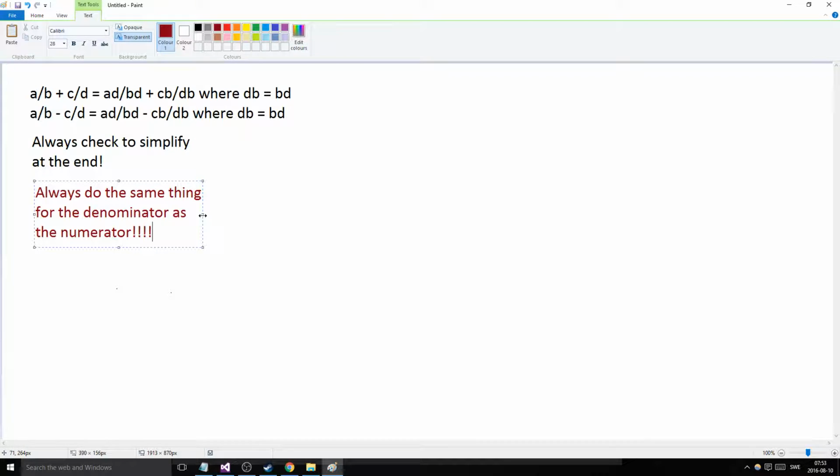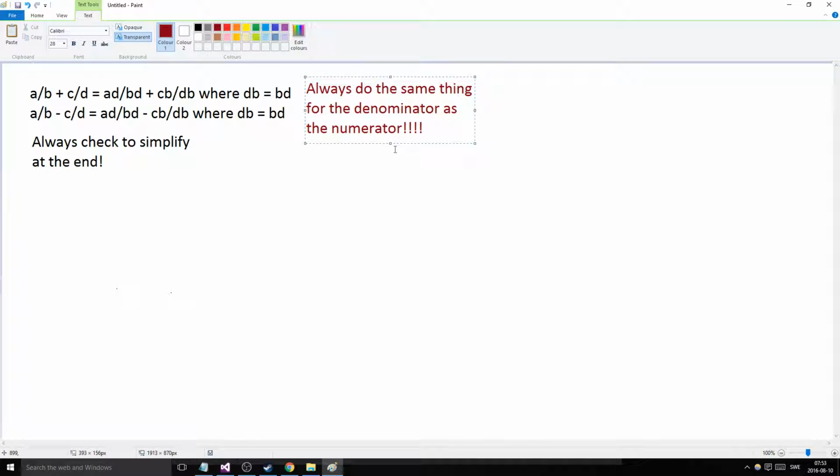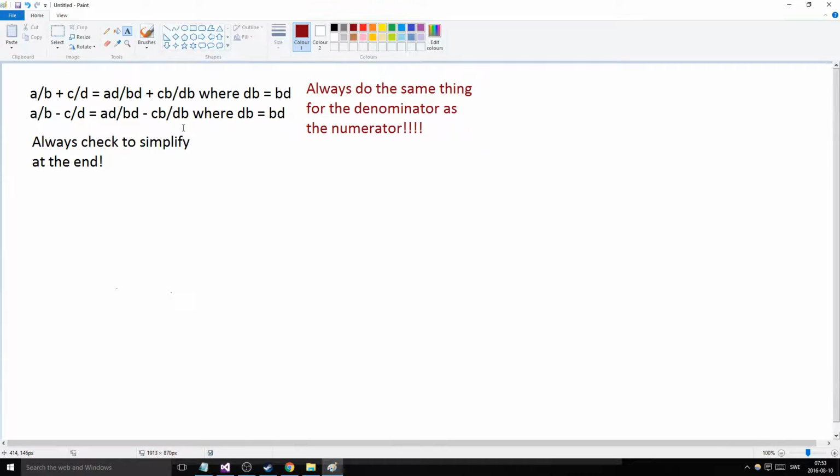What this means is, if you multiply something to the denominator, you have to multiply something to the numerator in order to extend or simplify. If you want to simplify, you have to divide the denominator with the same thing you divide the numerator with. So make sure you're doing that correctly.